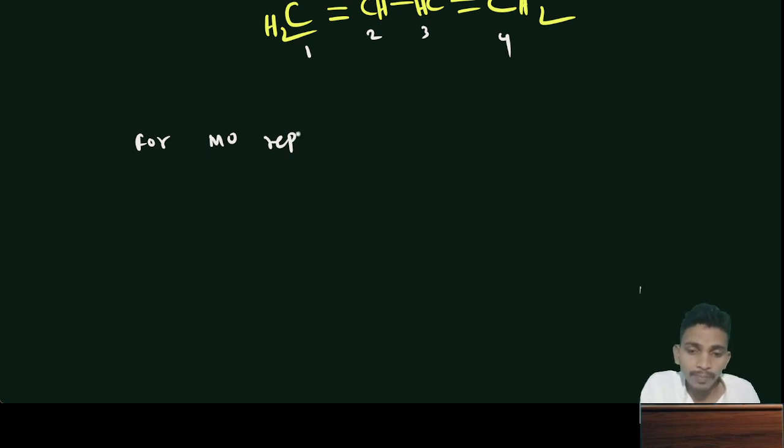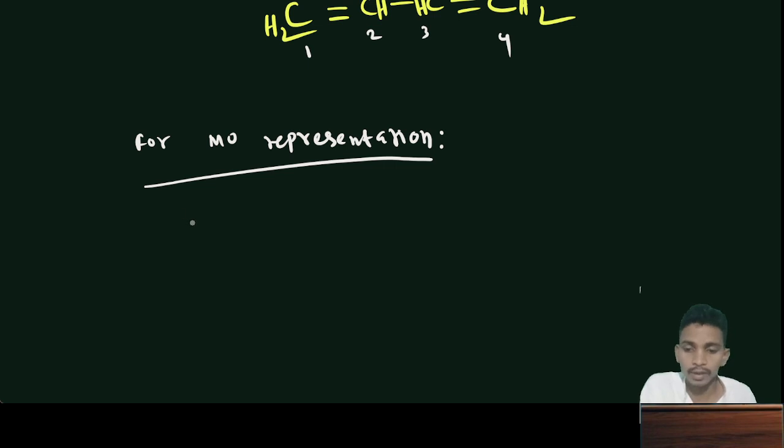So for MO representations, what we look at first is to count the number of carbon atoms.